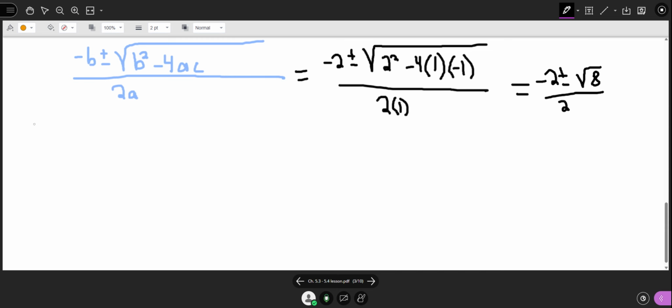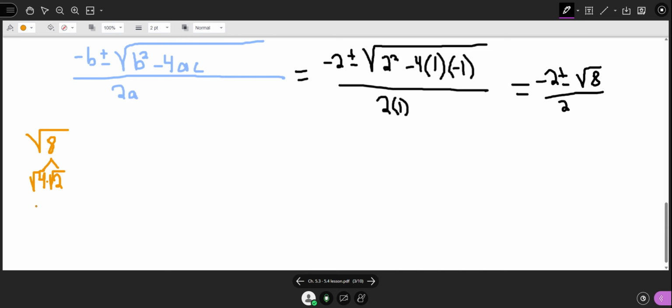The square root of 8 is, and I normally put a prime number on the left, but I wanted this over here because the square root of 8 is the same thing as the square root of 4 times the square root of 2.